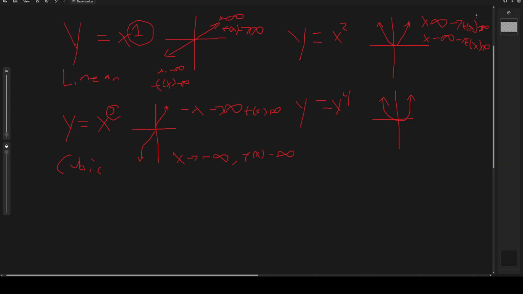If we know the end behavior, it makes it really easy to predict how the function is going to look. And this is going to help us a lot when we're dealing with polynomial functions with multiple coefficients and exponents.